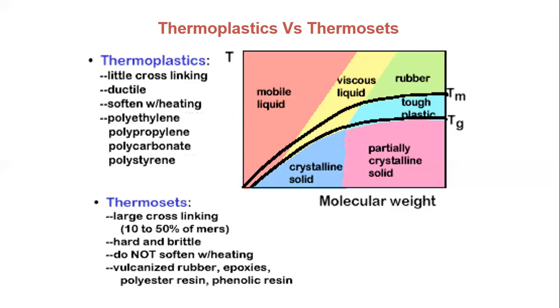Next, in between the rubber and the partially crystalline solid, there is the tough plastic, which is a very hard plastic, known as fibers also. In this tough plastic, the elasticity content is higher than normal plastic materials. That is why we take a single phase there, only the tough plastic. But the partially crystalline solid is semi-liquid and semi-solid in nature.